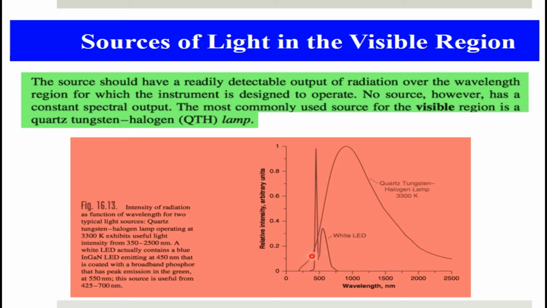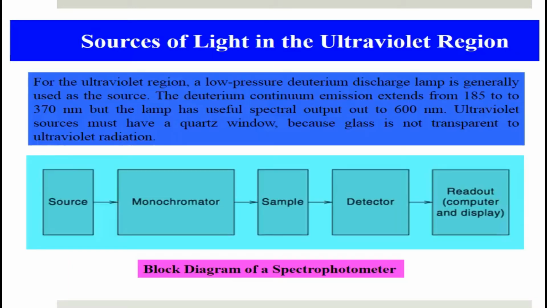This LED is also coated with a broadband phosphor that has a peak emission in the green at 550 nanometers. So white LEDs can be used by themselves as a source in the visible region for analytical purposes, and also act as a power supply for the quartz tungsten halogen lamp in the visible.